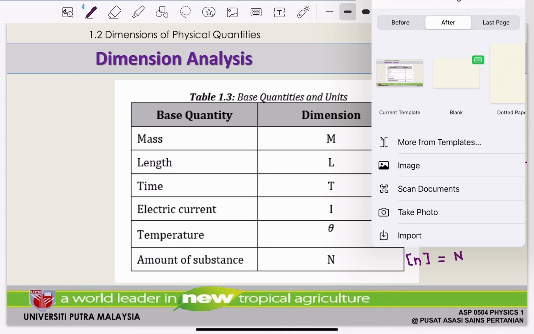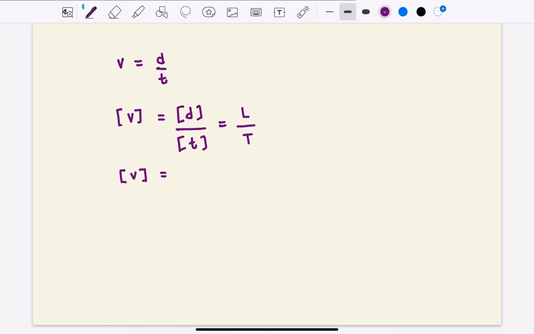All right, now let's look at the example before, which is we have V. All right, okay, let's look at this. V. The equation of V is distance divided by t. So distance, now we want the dimension of V. So we need to find the dimension of d and divide by dimension of t. Okay, then we know that the dimension of distance is capital L and dimension of time is capital T. So when we simplify, we have the dimension for V is LT minus 1.